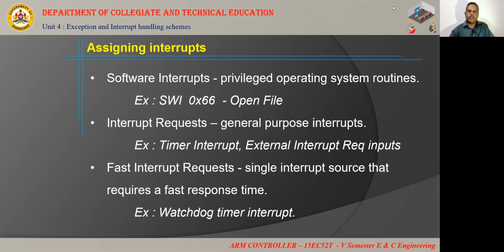So when the embedded system gets stuck in such loops, these watchdog timers help in bringing the system out of the loops. That is the reason why such requests are connected to the FIQ, and they will be serviced with the fastest possible means.